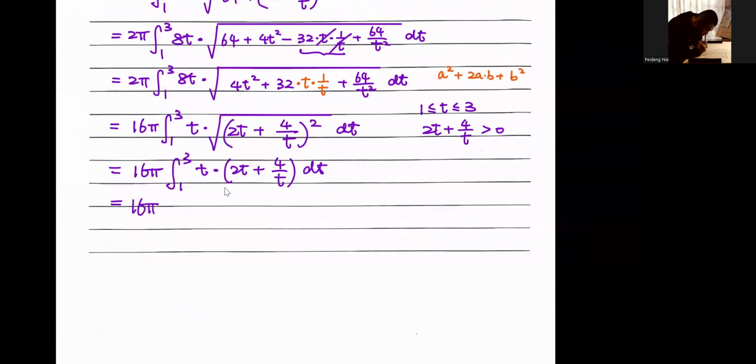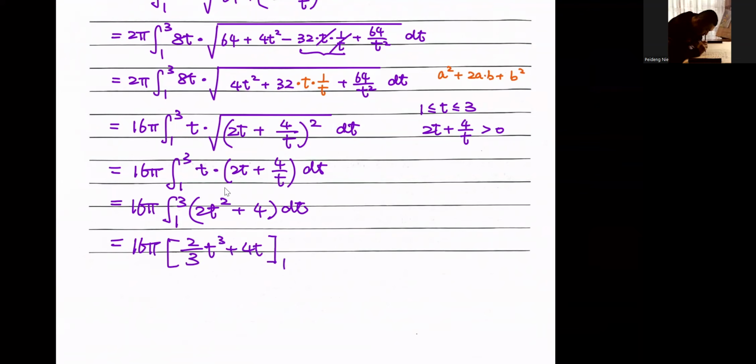16 pi 1 to 3 2t squared plus 4 dt. And that gives me 16 pi 2 on 3 t to the power 3 plus 4t 1 to 3, okay?